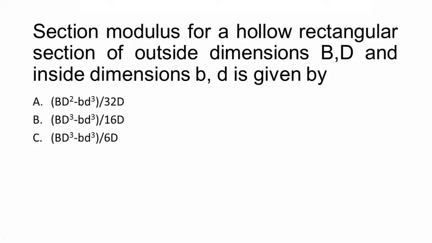This is second, third, fourth. So option C is correct. B into d cube minus small b into small d cube upon 6d.